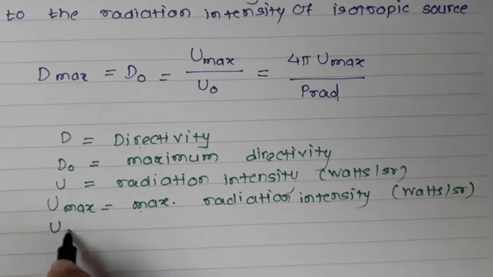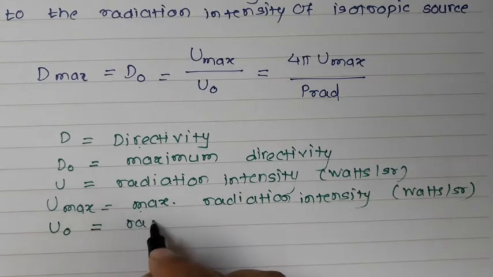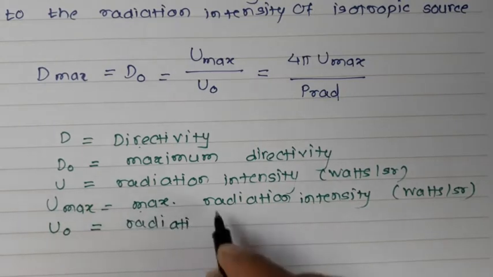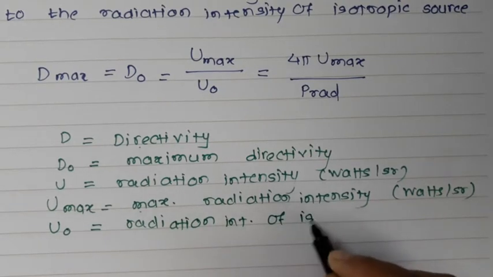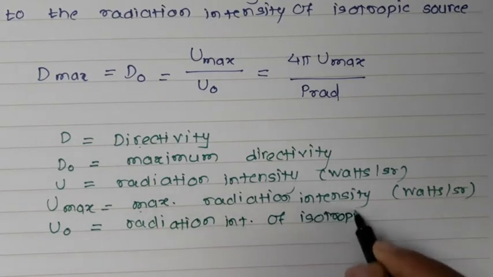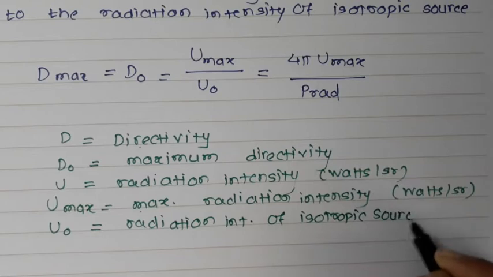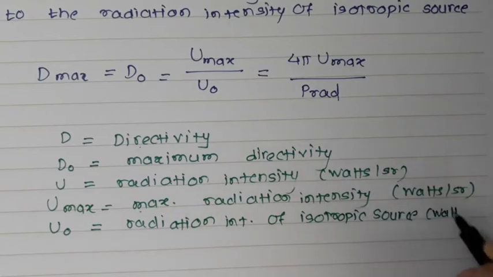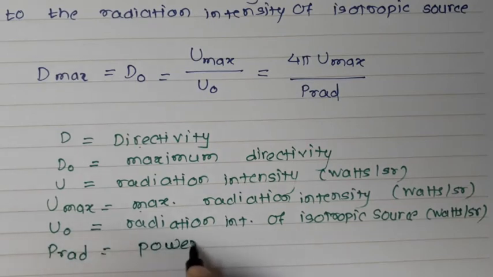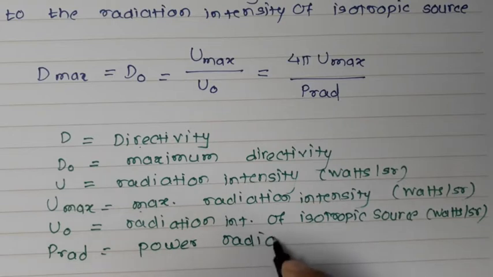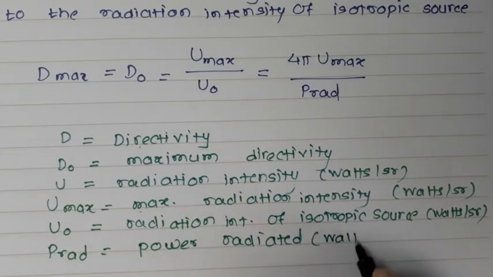U0 is the radiation intensity of an isotropic source. Again, as this is a radiation intensity, the unit is the same, watts per steradian. P radiated is the radiated power, and the unit of the radiated power is watts.